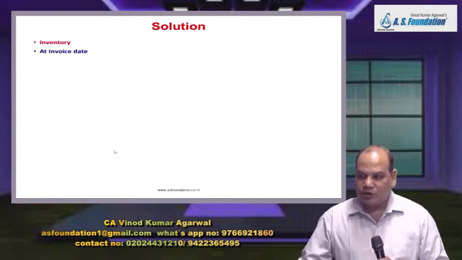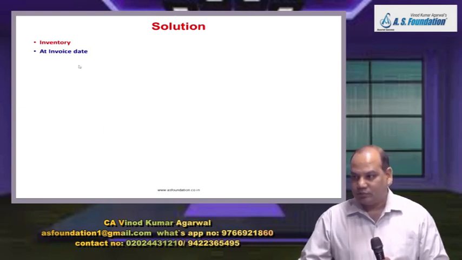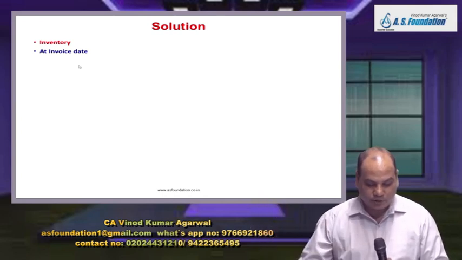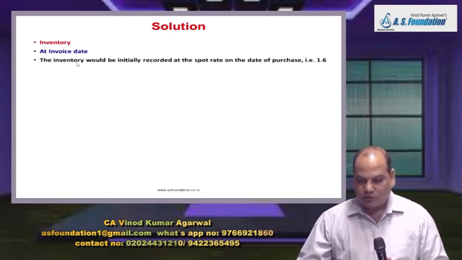Okay. First is inventory. In this example, the entire inventory is still in your stock. What you have sold may be some other inventory, but with respect to this inventory, it is still on stock. So write down inventory. Inventory will be measured at cost, which is invoice date rate.